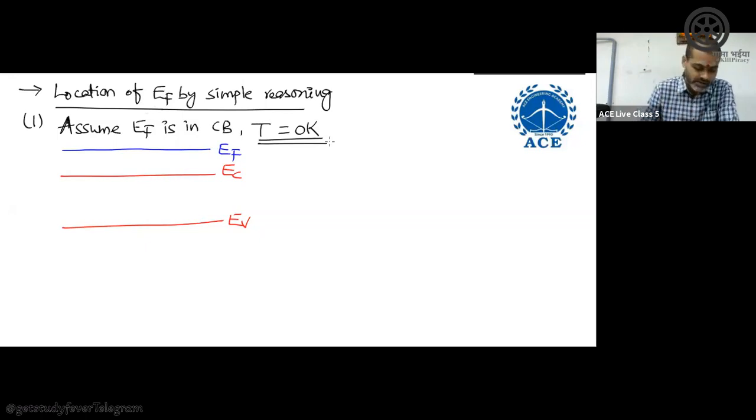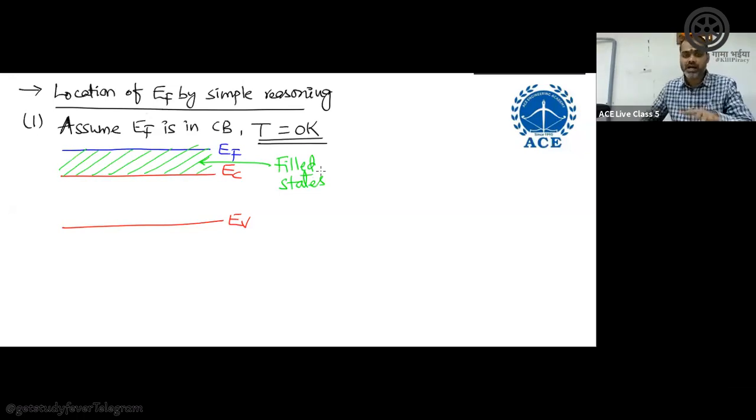Now if that is the case, we can clearly see that these states must be filled states, according to the physical significance of the Fermi level. But is it correct?